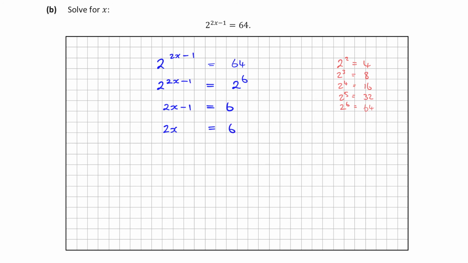If I bring that over, it'll turn into a positive 1. So 2x will be equal to 7. To find out what 1x is, I divide both sides by 2. So x is equal to 7 divided by 2. That will give me my answer of x equals 7 over 2, or if I wanted to write that as a number, 3.5. And that year, 2019, that was worth 15 marks.